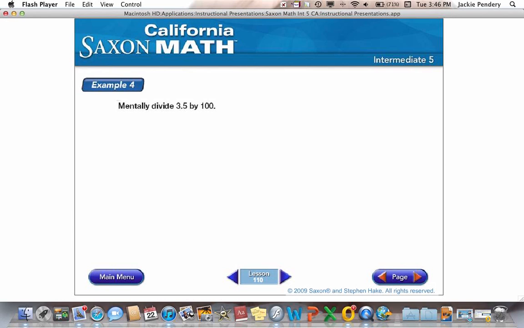Okay, so for example 4, mentally divide 3.5 by 100. So whenever I multiply, I move the decimal to the right. Whenever I divide, I move the decimal to the left.